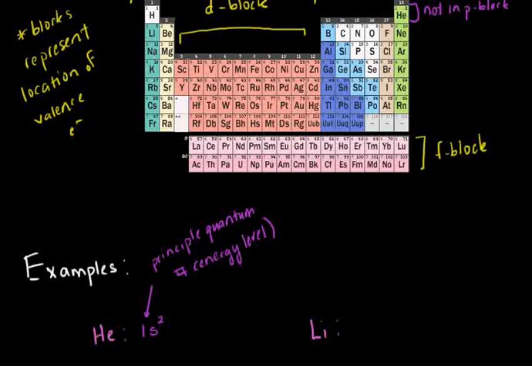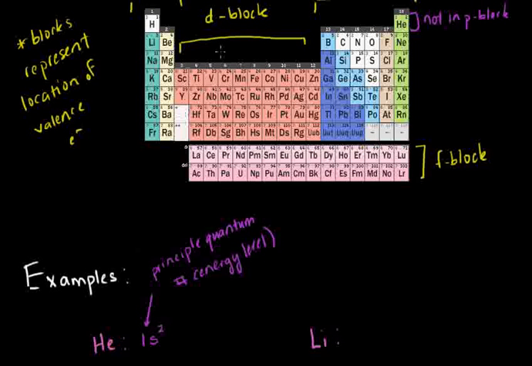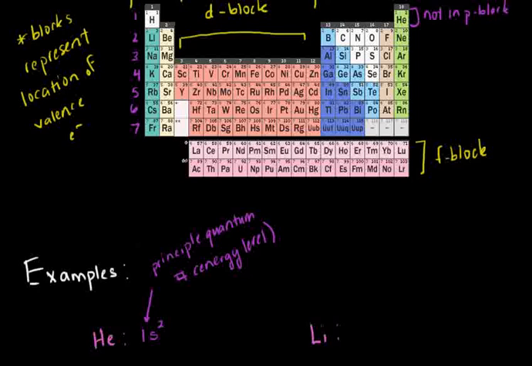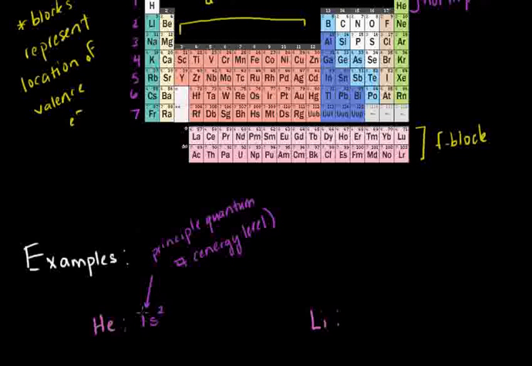To figure out which principal quantum numbers correspond with different kinds of outermost orbitals, we can just label the periodic table like this. The valence electrons in potassium, for instance, are going to be in the 4s orbital because this period has a principal quantum number of 4, etc. So that's what that initial coefficient means.